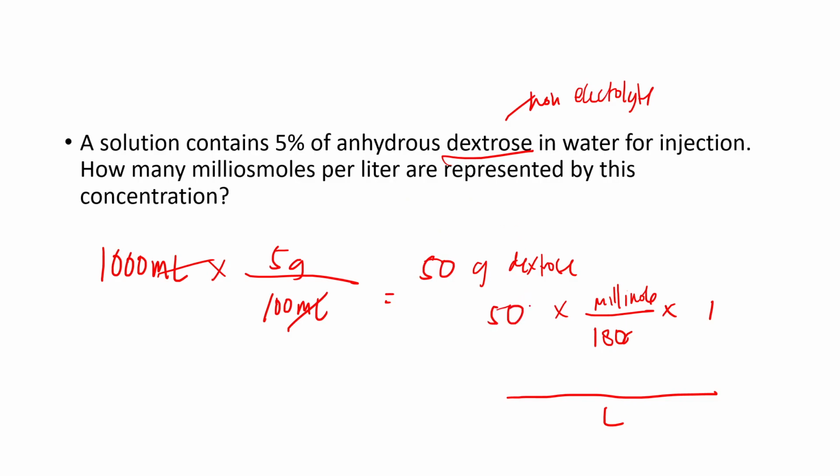So 50 grams is equal to 50,000 milligrams. 1000 times 5 divided by 100. 50,000 divided by 180 is 277.78 milliosmol per liter.